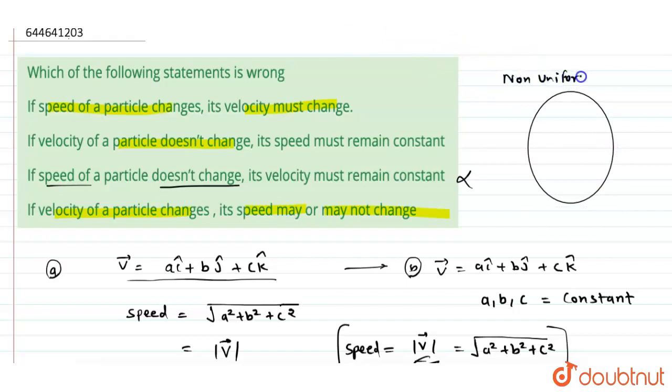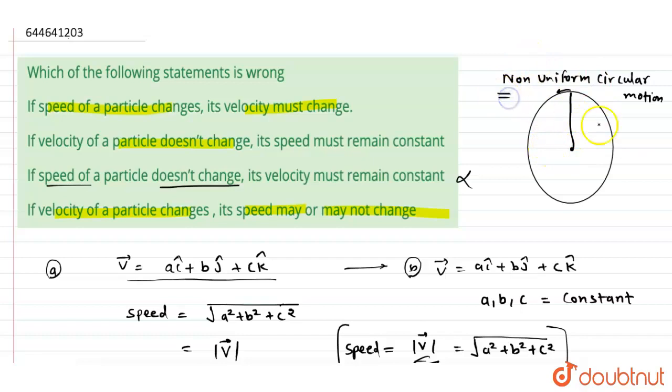This shows the particle is moving with some speed, but its speed will not remain constant here. It may or may not change. When you change the velocity of the particle or the direction of the particle, the speed may or may not change.